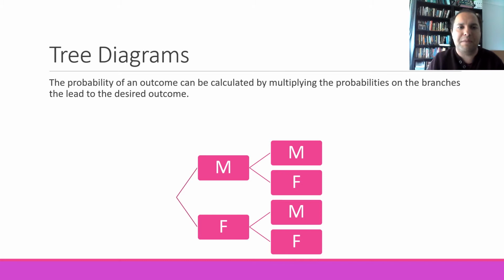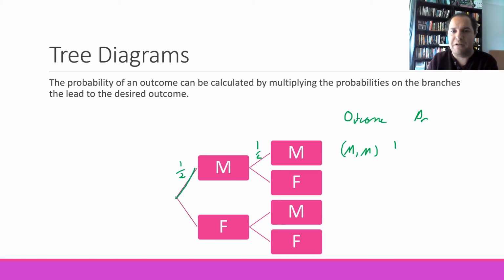All right, now the probability of an outcome can be calculated by multiplying the probabilities on the branches that lead to our desired outcome. So for example, if we've got a half here and a half here, if we want the outcome of MM, then the probability is going to be the half along this branch times the half along this branch.